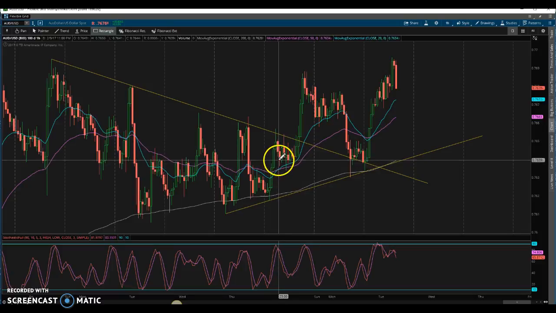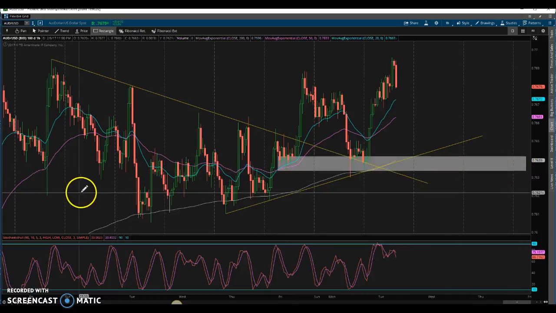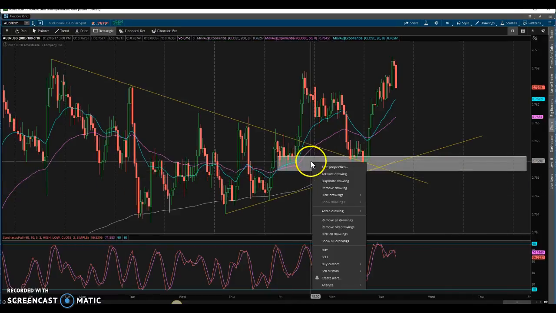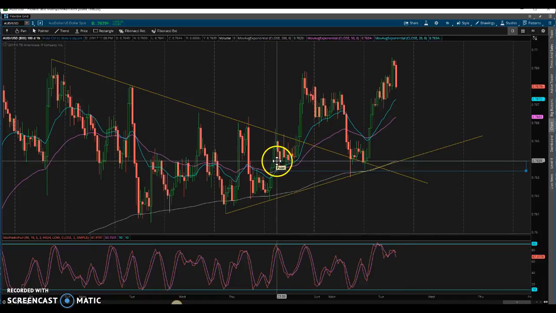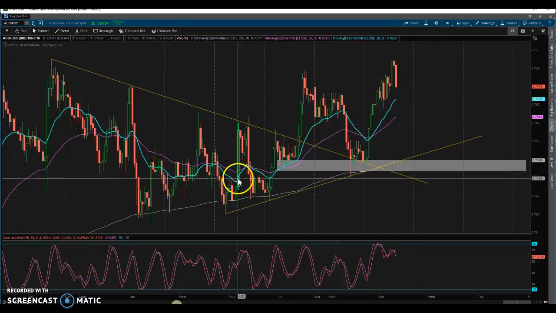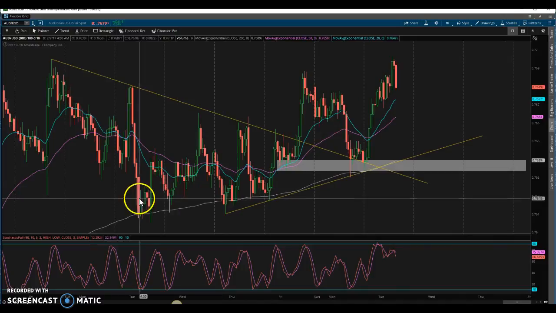I figured that if price were to get down around this general area, the buyers would step back in and really defend that area if this is a true trend continuation move, which it ended up being.